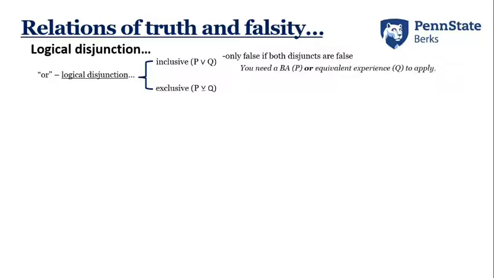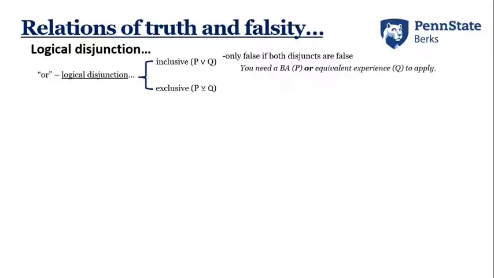Let me give you an example. Somebody might say to you, you need a BA or the equivalent experience to apply. Okay, now rather than and, only one of those things is necessary for you to apply. This is inclusive because if you have the first one, say a BA, you don't need the second one.